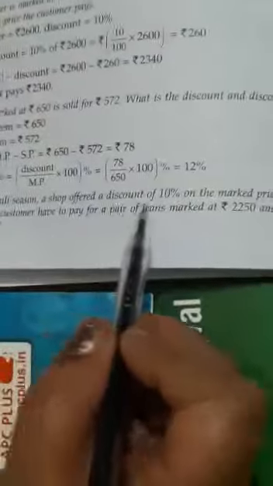Children, you must have seen during Diwali season a lot of sales are offered. During Diwali season, our shop offered a discount of 10% on the mark price of all the items. So what would a customer have to pay for a pair of jeans marked at rupees 2250 and two shirts marked at rupees 730 each?